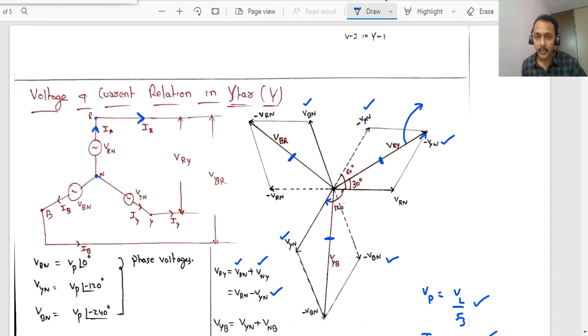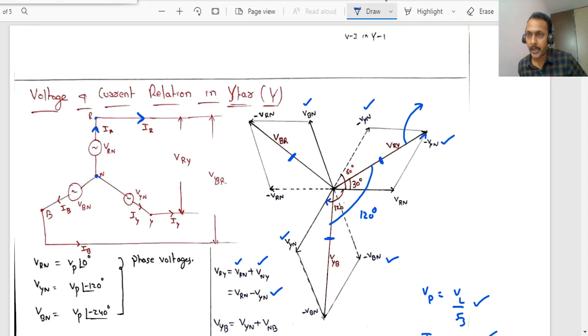Already the angle between each phase voltage is 120 degrees, and the angle between two line voltages is also 120 degrees. Observe, the angle between VRY and VYB will be 120 degrees. But the important point is the angle between line voltage and phase voltage is 30 degrees.